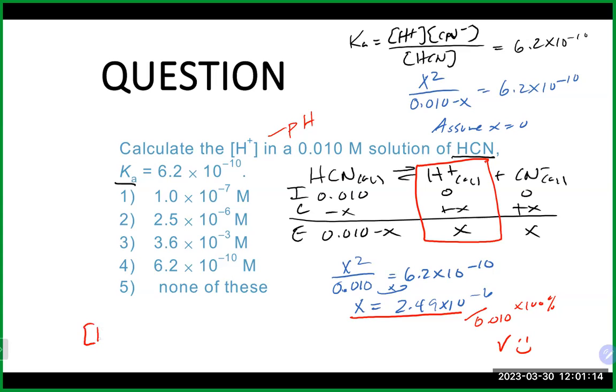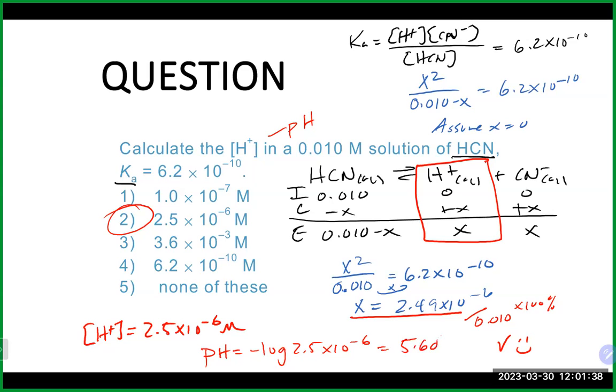So our concentration of H plus in this case would equal basically 2.5 times 10 to the minus 6 molar. Looks like that's going to be number 2. That also would then allow us to calculate that into our pH, which in this case looks like it would be 5.60.